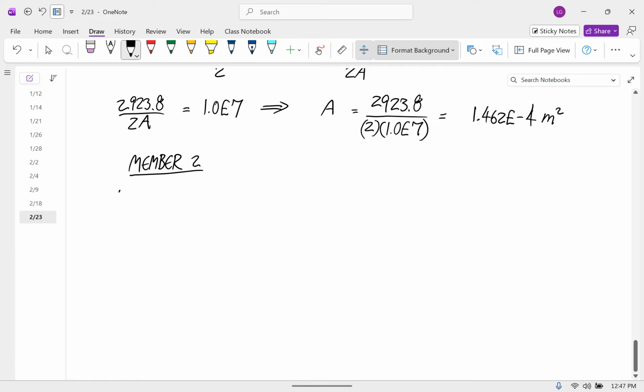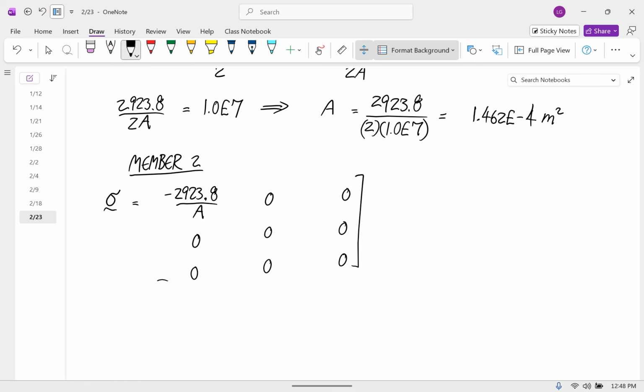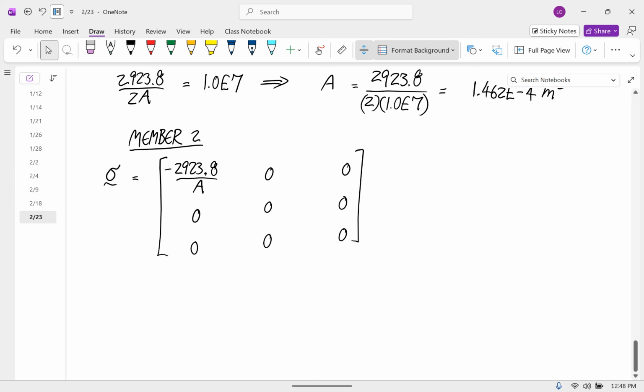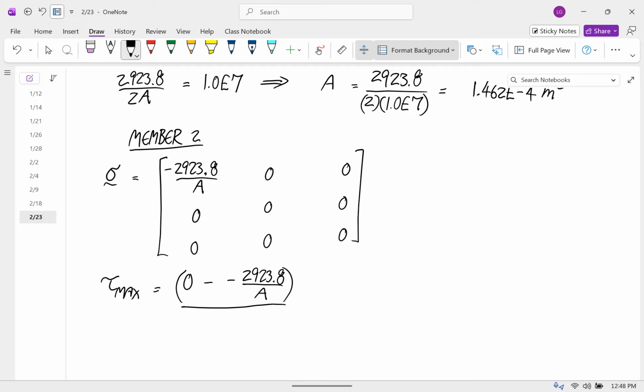So this time we have a stress tensor of negative 2923.8 divided by A, zeros everywhere else. So tau max is equal to 0 minus negative 2923.8 over A, all divided by 2.